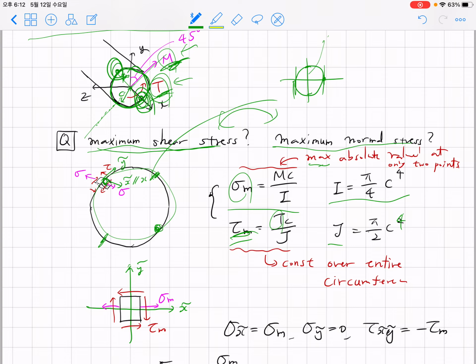However, at this point, when we have non-zero average stress, and we have the tau as well, our Mohr circle will be larger, and the maximum normal stress will be larger. So we can quite easily suspect that these are the points where we're going to have maximum shear stress and maximum normal stress.